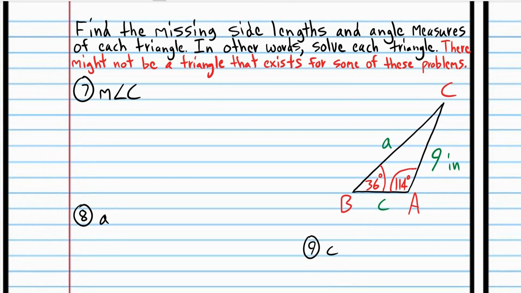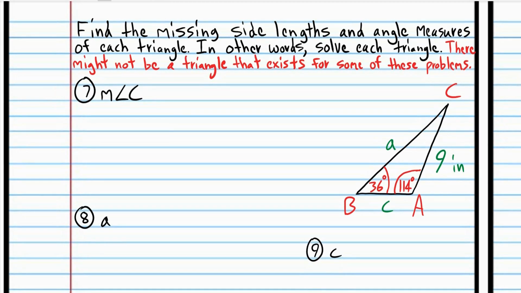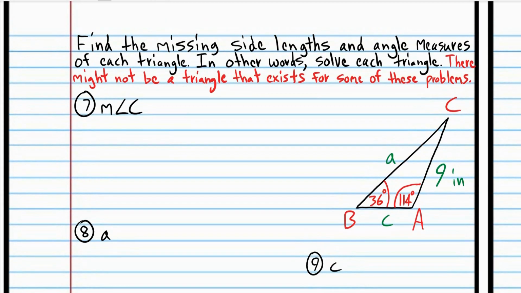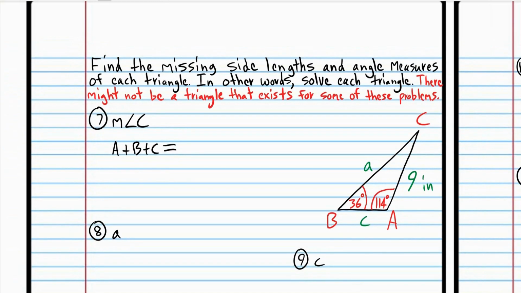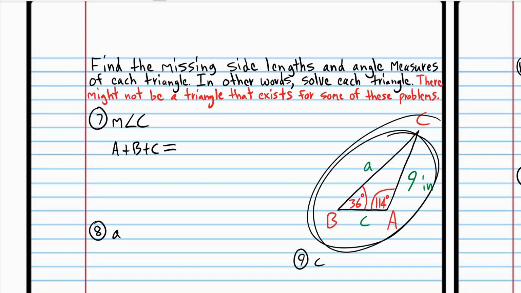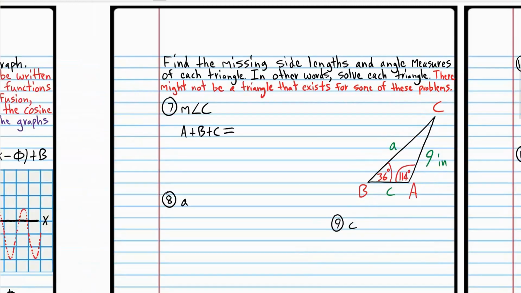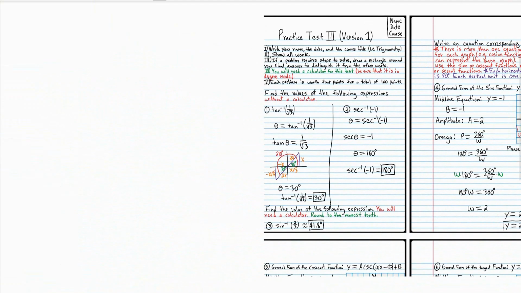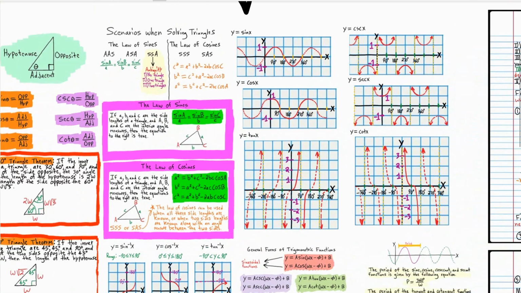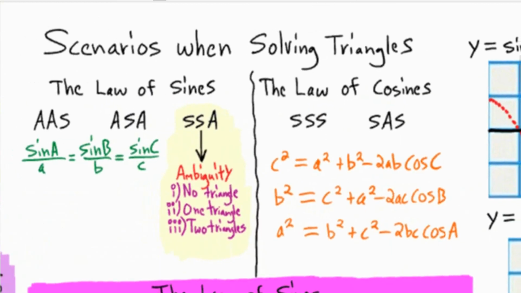But it could exist. So problem number 7 is to find the measure of angle C, and that's going to be pretty easy because we can just use the triangle sum theorem. And by the way, this is an AAS scenario. That's probably the first thing that we should note. It's an AAS scenario. So what does that mean? It means that eventually we're going to use the law of sines. Here's your scenarios.